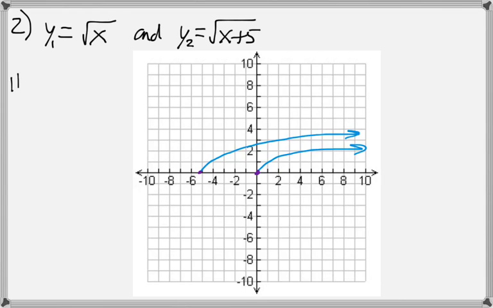So this is a horizontal shift left 5, and you could put units if you want to. Again, you could just say left 5. You don't even have to say horizontal shift, but that's the technical way to say it.